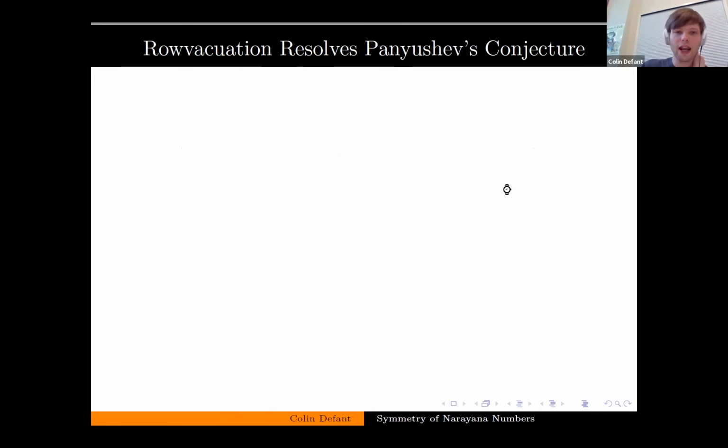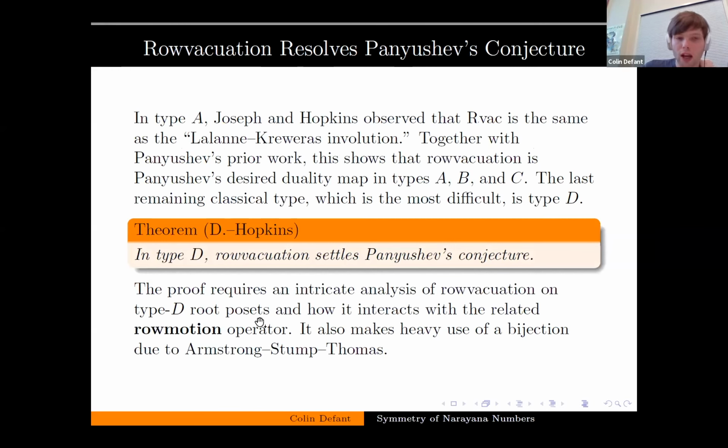And so we have to understand how Rowmotion interacts with Rowvacuation on these type D root posets. And this involves looking at this intricate bijection due to Armstrong, Stump, and Thomas, which connects Rowmotion with something called the Kreweras complementation map. So there's a lot of intricate combinatorics going on here, but the main point is that in type D, this works.